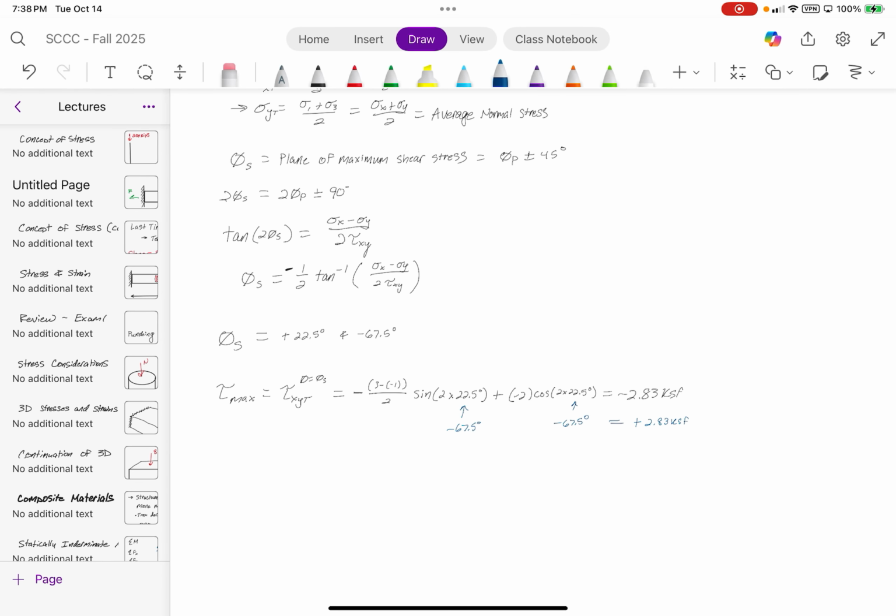So it's the same value, just different signs, which means that the maximum shear stress is equal to 2.83 KSF.